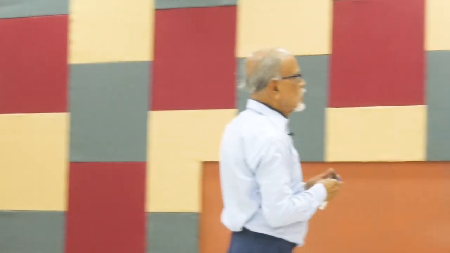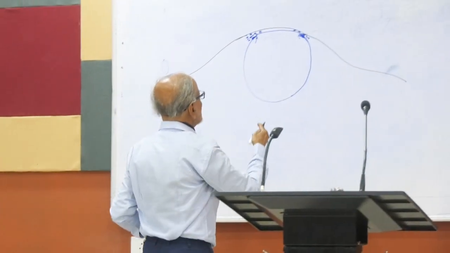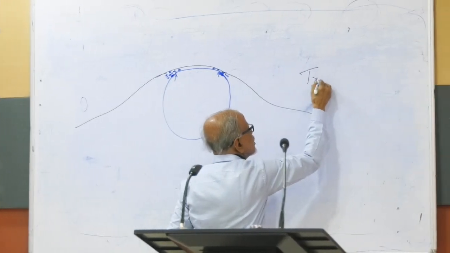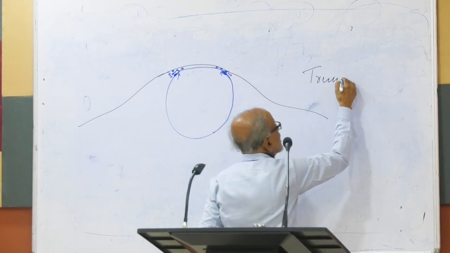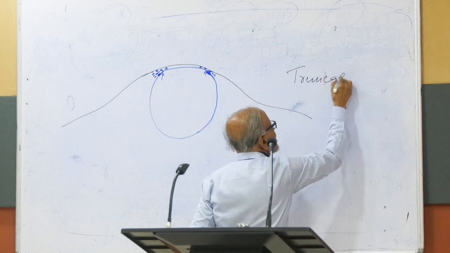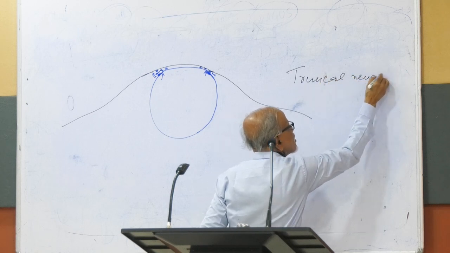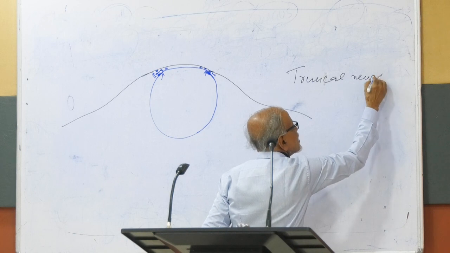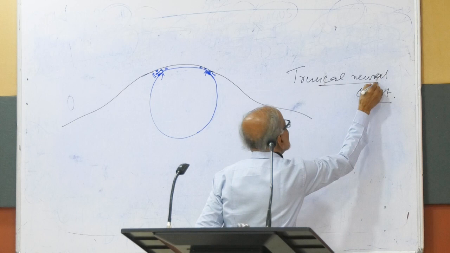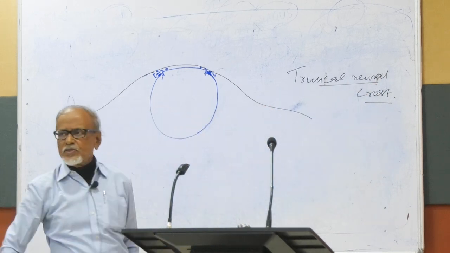That means the neural crest cells derived from the spinal cord length of the neural tube are called the truncal neural crest. Okay?